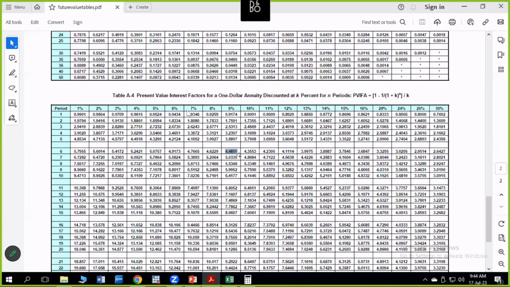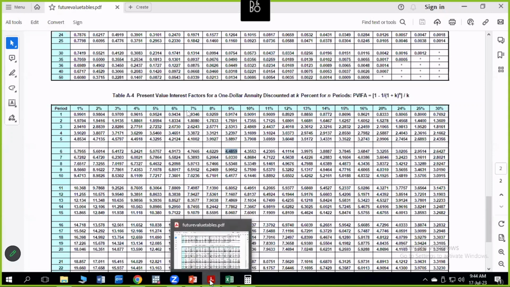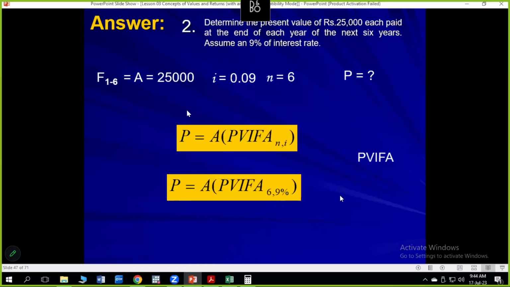This is your target value. You copy and refer here: 4.4859.